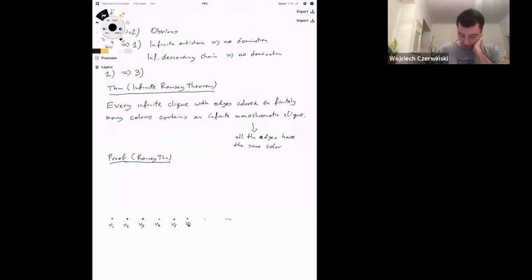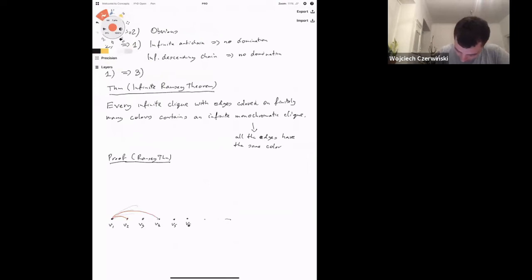And we look at the first vertex. There are many edges outgoing from this vertex to different vertices. The clique is infinite, so there are infinitely many edges but finitely many colors. So there needs to be some color such that there are infinitely many edges of that color outgoing from v1. Let's say it's red, yes?